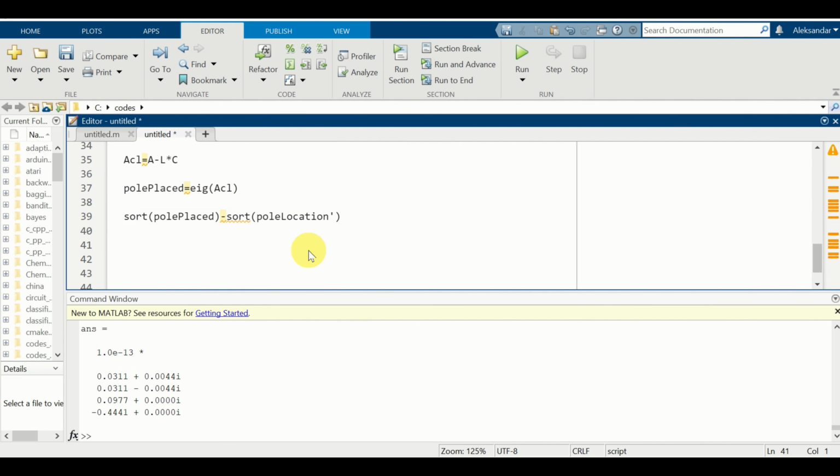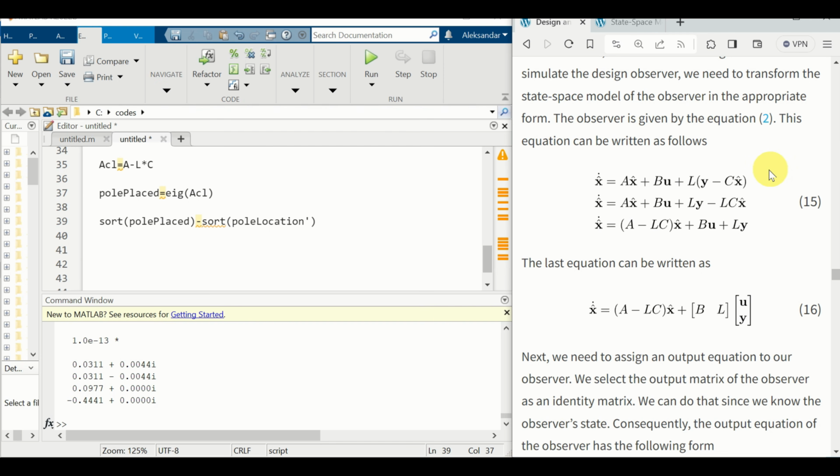Okay, the next step is to simulate our observer. So how to simulate the observer in MATLAB? Let's analyze our observer state equation. Here it is. Now, this equation can be written like this, or we can write the second equation in this form. Here's our A minus LC, this is the closed loop matrix, and over here we can see two terms, Bu and Ly.